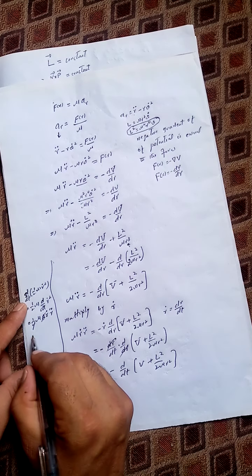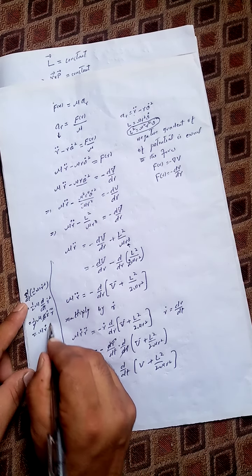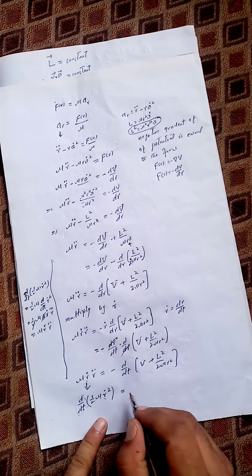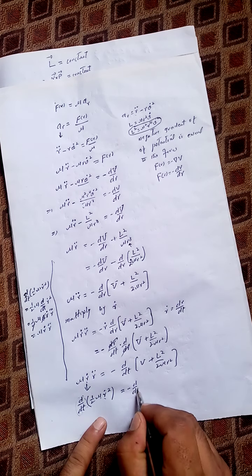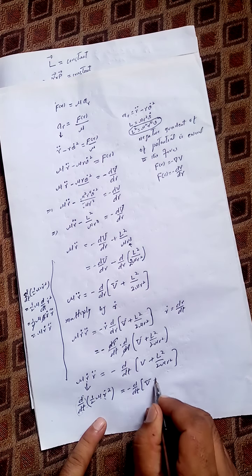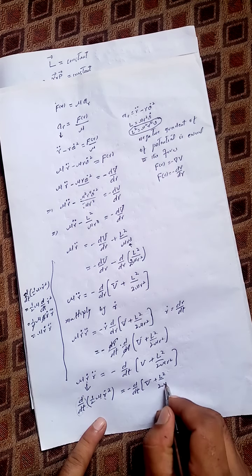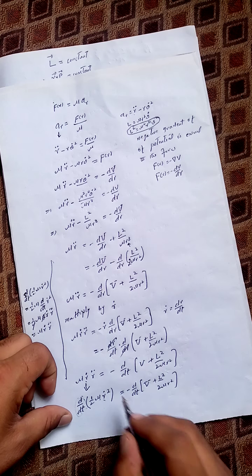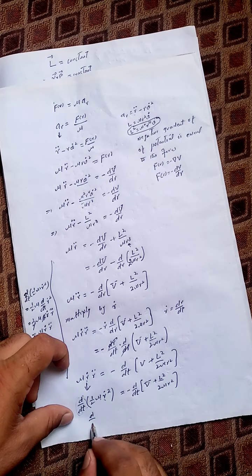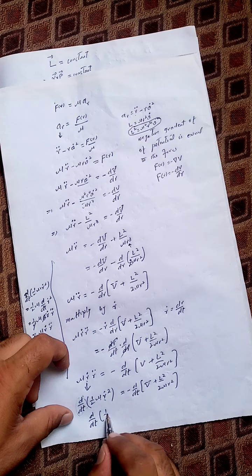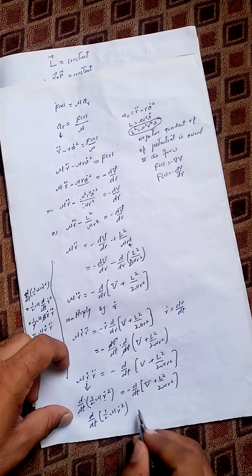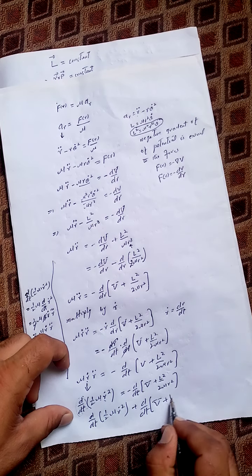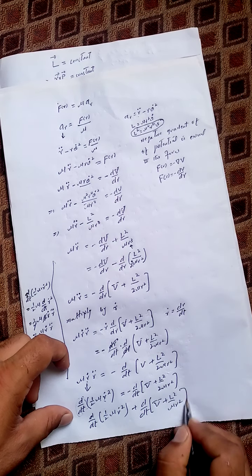The 2 cancels with this one, so we are left with mu R dot R double dot, which is equal to minus d over dt of V plus L square over 2 mu R square. I bring this factor to this side. We have d over dt of 1 over 2 mu R dot square plus d over dt of V plus L square over 2 mu R square.